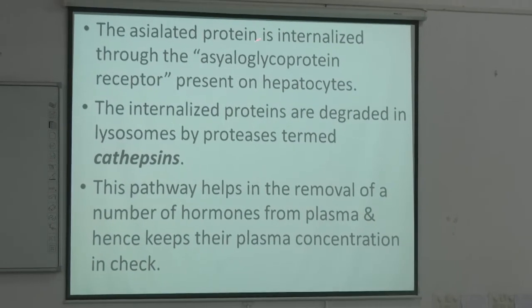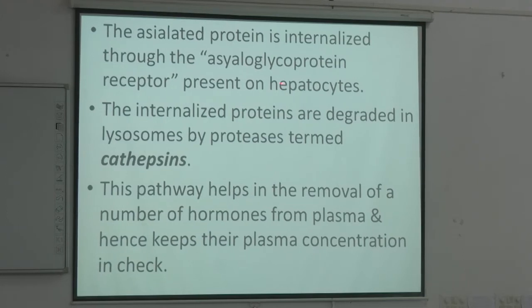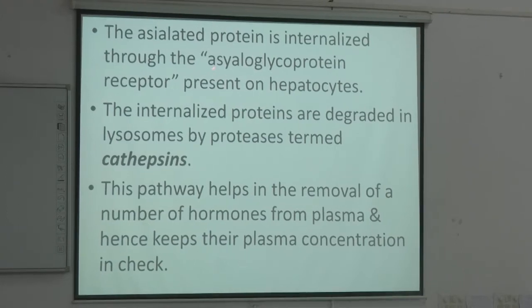So the asialo protein, when it enters, is taken up by the asialoglycoprotein receptor present in the hepatocyte. When that receptor binds to the asialo protein, it is internalized and degraded in the lysosome.